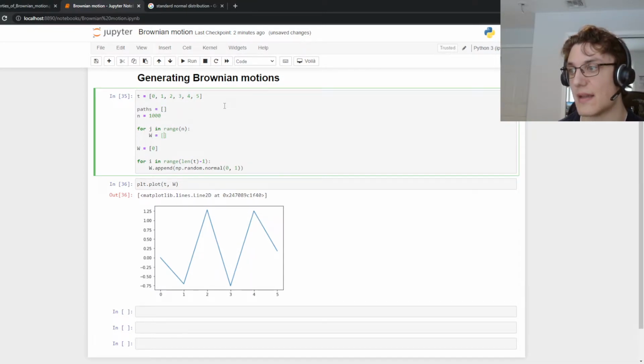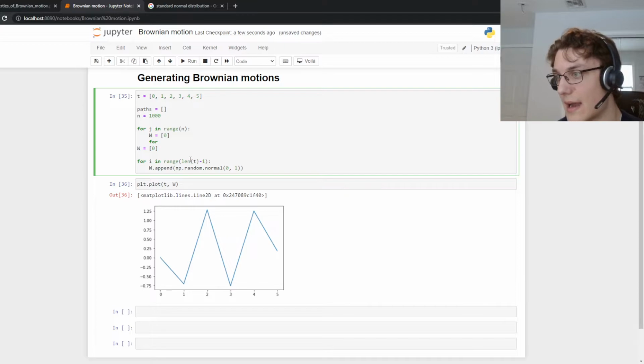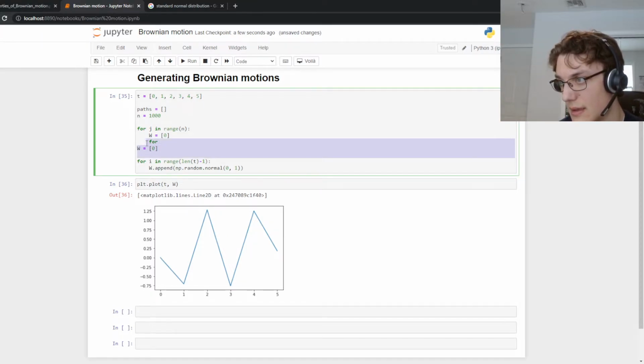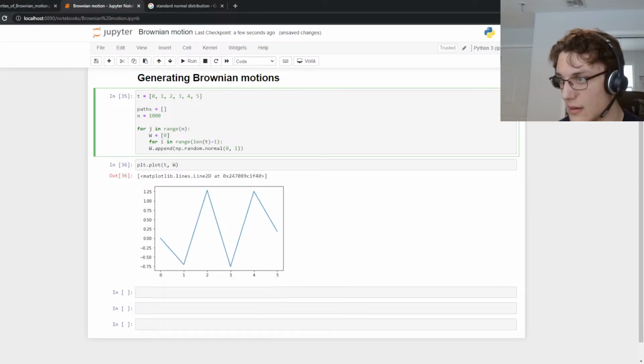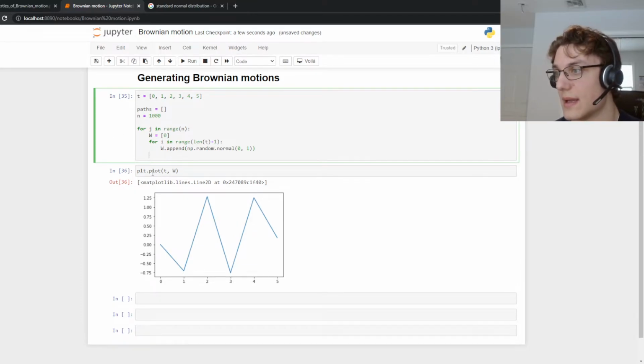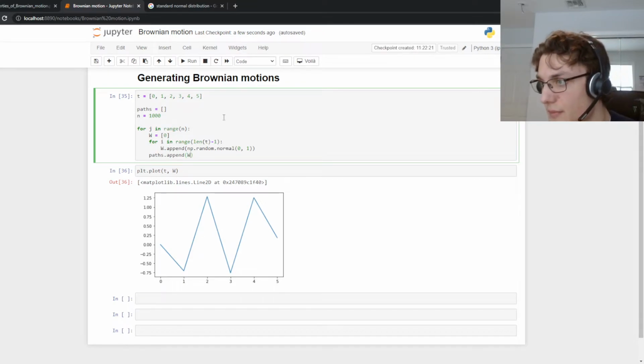We're going to reset the Brownian motions array, and we're going to say for i in range the length of the time minus one, because we have this already, we're going to append a realization, and then we can just append that to the paths.